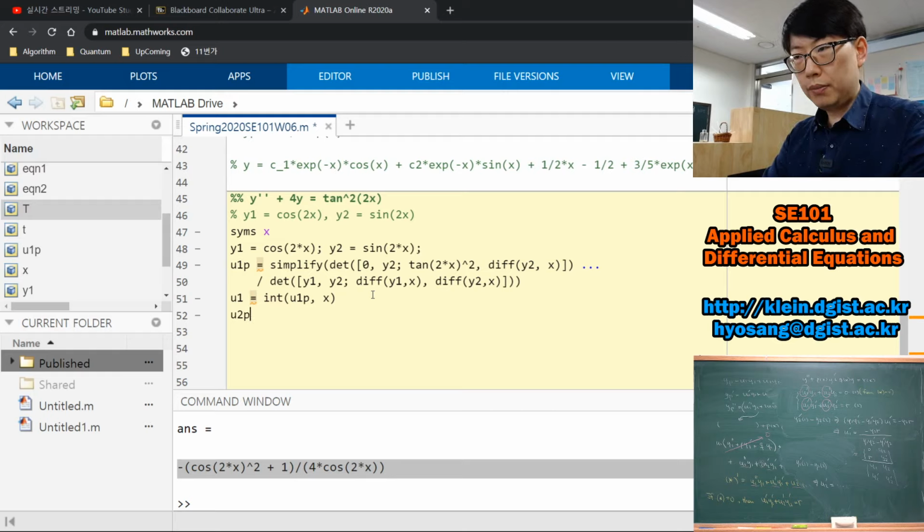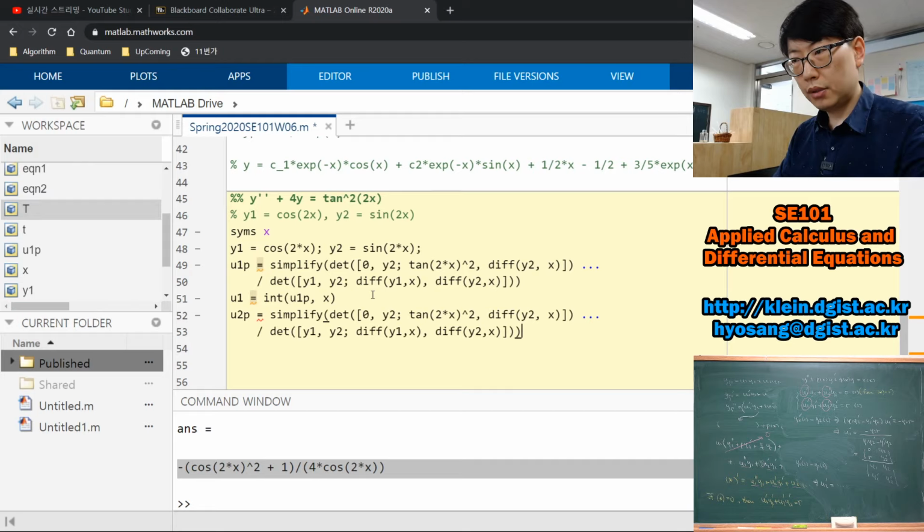And let's do the same thing for u2 prime. Just copy and paste. Here you have y1 instead, 0, and diff y1 x, right? And u2 is the integral of u2 prime in terms of x.